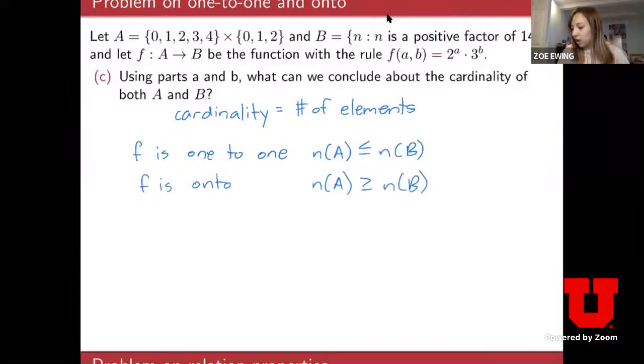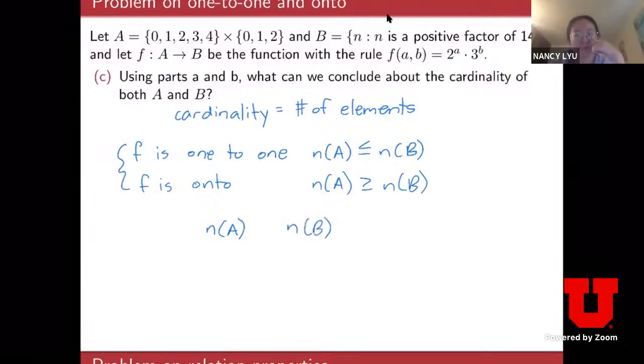All right. Okay, so if we know that, then what can we say about the number of elements? If it is both of these, then what does their relation have to be? They're equal. Yeah. And just out of curiosity, does anyone know what the cardinality of these two sets is? 15.